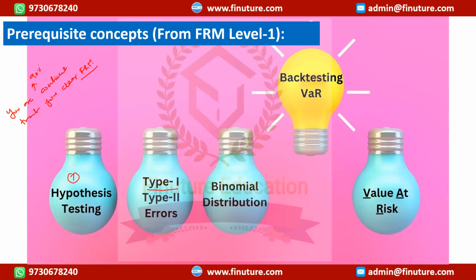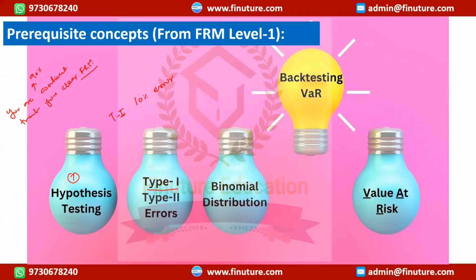If I say that I'm 90% confident, that means there is a 10% scope of error that may occur. That is called a type 1 error. You expected a positive outcome, but the actual outcome came from the negative side.